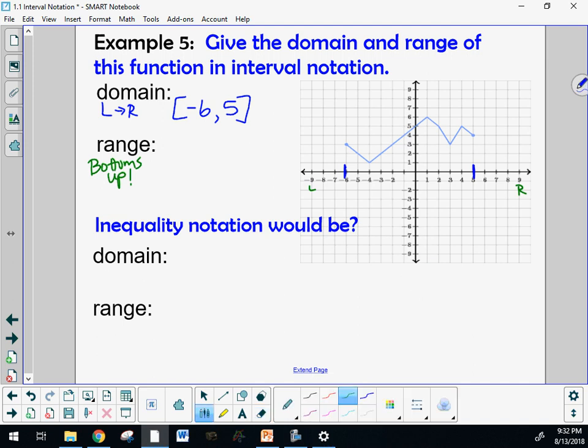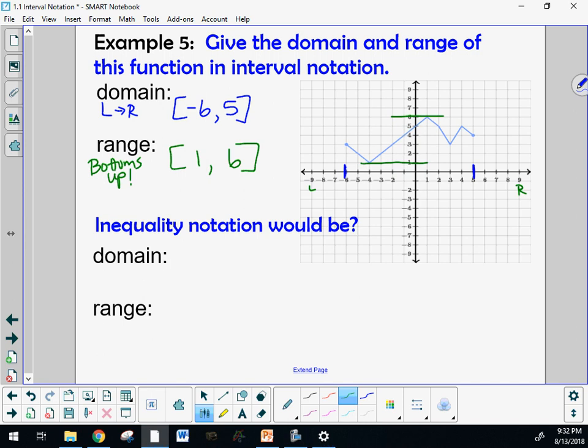So in this case, the bottom of the function, the lowest value, is a 1. And the highest value of the function is 6. Now sometimes when it's a jagged peak like that, we're not sure whether that 1 or that 6 should be included or not.